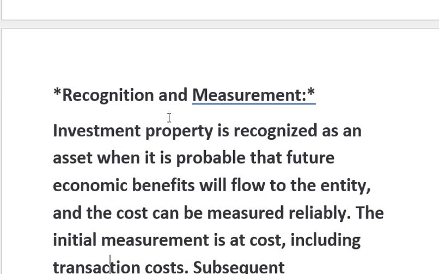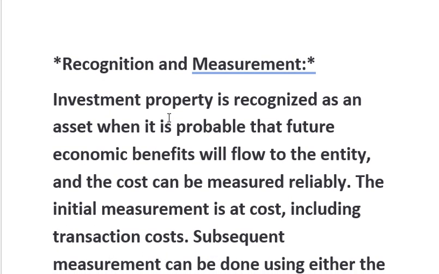And so quickly, let's go to the recognition and the measurement criteria. Investment property is recognized as an asset when it is probable that the future economic benefit will flow to the entity and that the cost can be reliably measured. That is the recognition criteria. Two things are key for you to recognize an investment property in your statement of financial position.